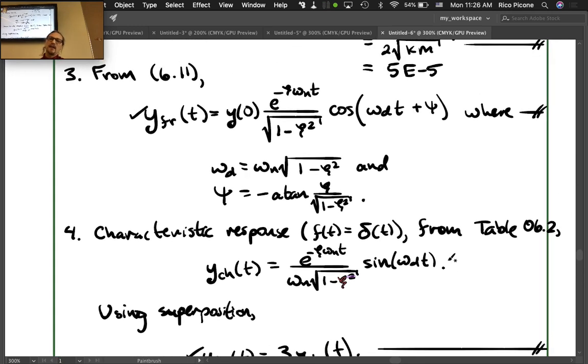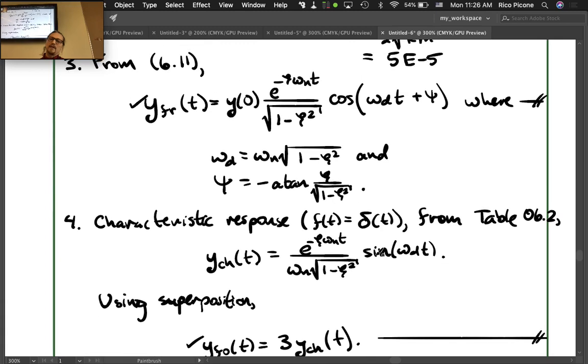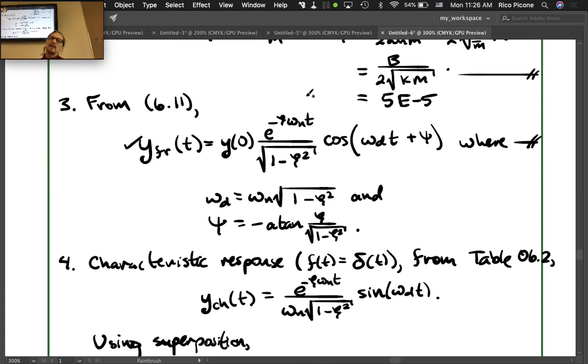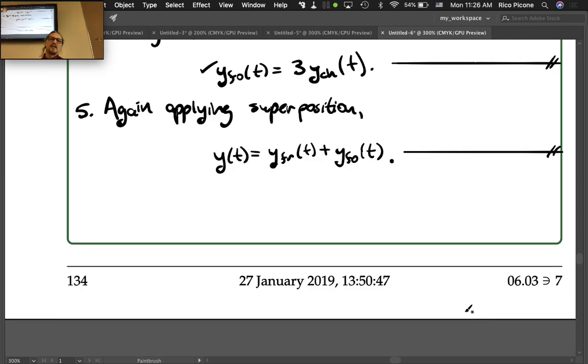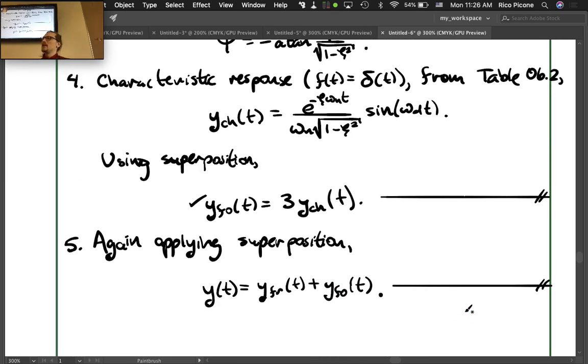So it's pretty nice, and it's already in a form that's pretty easy to understand. We're going to have these sinusoids that are added together, and you have these decaying exponentials, and it's pretty easy to understand what it looks like.